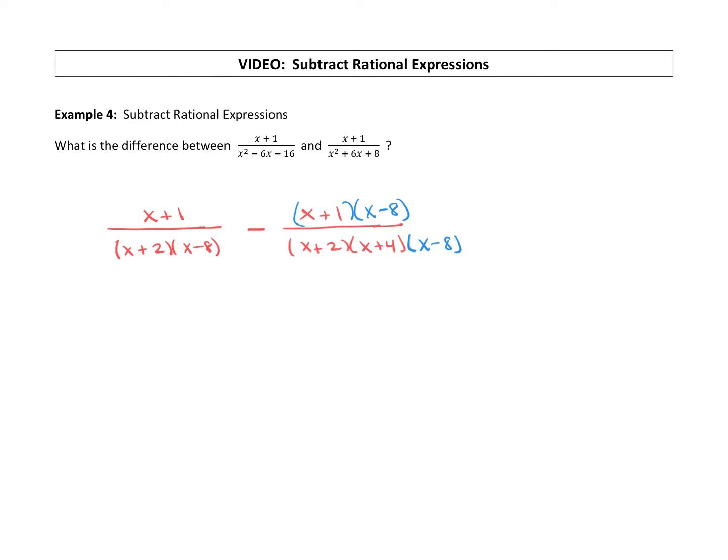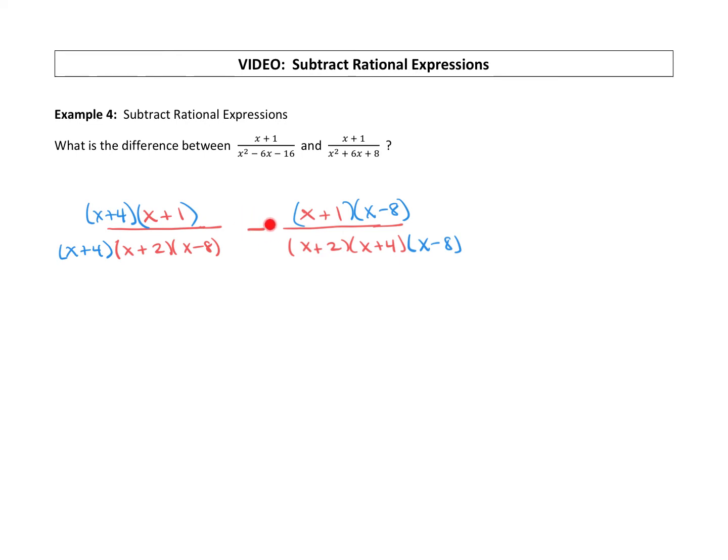Now both denominators have an x plus 2 and an x minus 8. And I know you have already spotted this x plus 4 that the other side needs. So let's multiply an x plus 4 into the numerator and denominator. And now we have a common denominator.